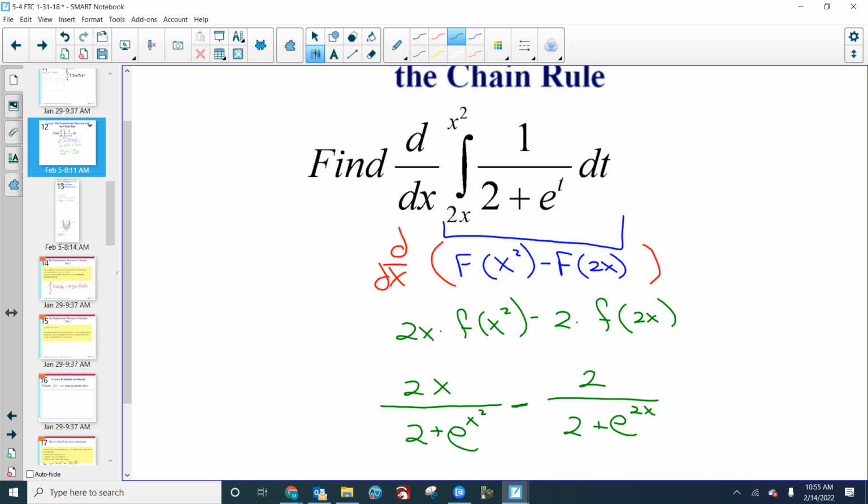That's what I got. Do you notice how this is different because neither one of the bounds is a constant, so the derivative of that part doesn't go away anymore. We have two parts to this answer. Does that make any sense at all? Please ask if you're confused.